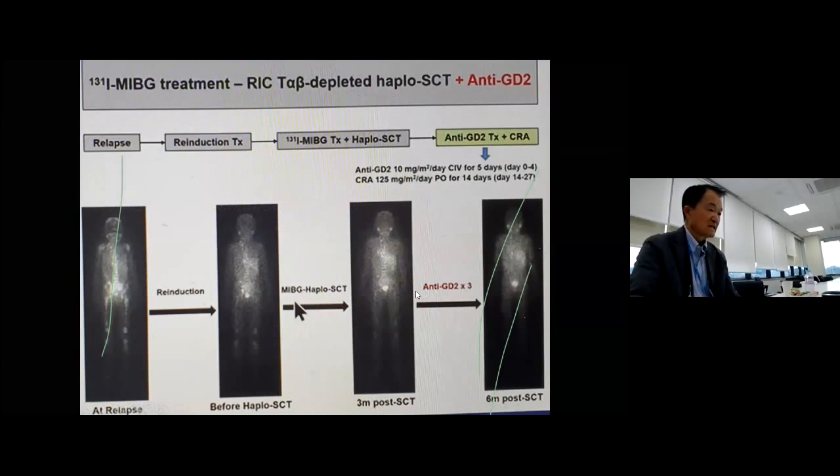And then the MIBG scan is still used, but the scan is not easy to pick up certain small marrow lesions. It's a diffuse pattern. So if you have certain increased activity scattered in the marrow, often the spine and the long bone or pelvic bone, you follow up.